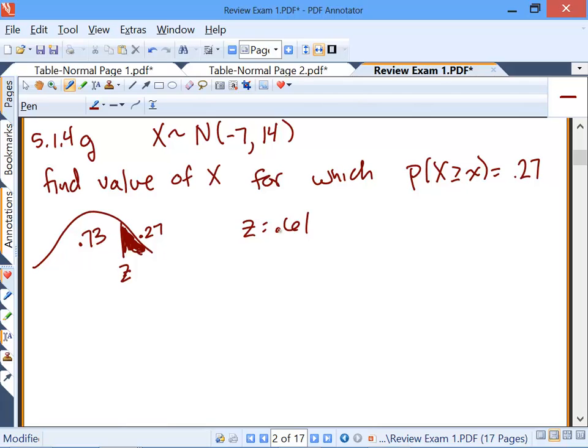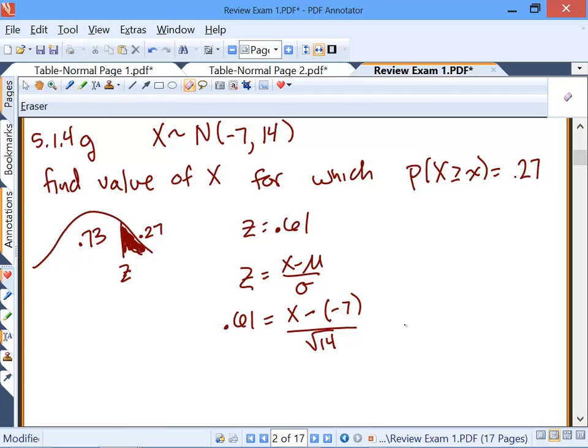But they didn't ask me for a z value, they wanted me to tell them the x value. So I need to work backwards. I know the formula for this is z equals x minus the mean over the standard deviation. So we plug everything in. We know z is 0.61. X is what I'm looking for. My mean is -7. And my standard deviation is what? Square root of 14.